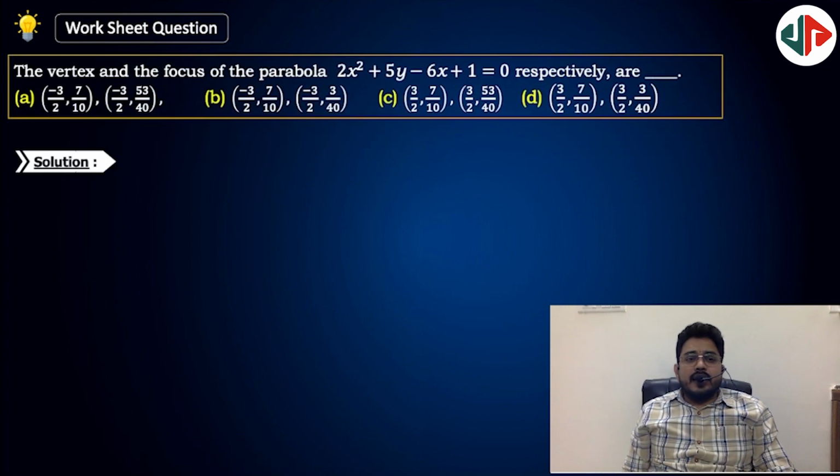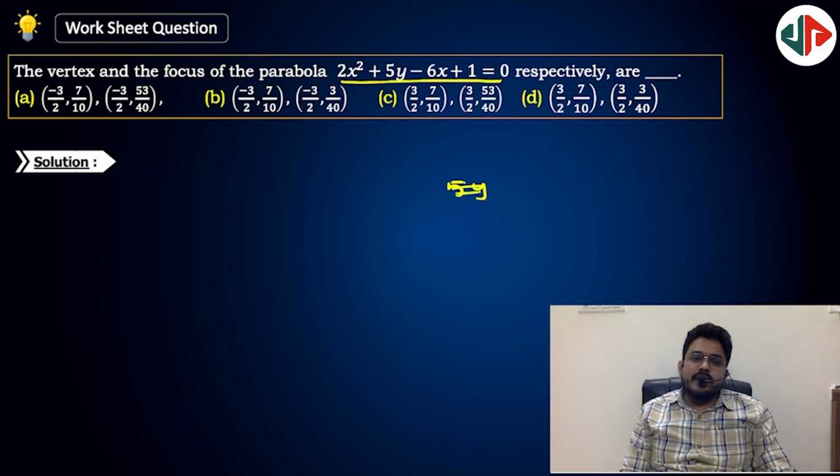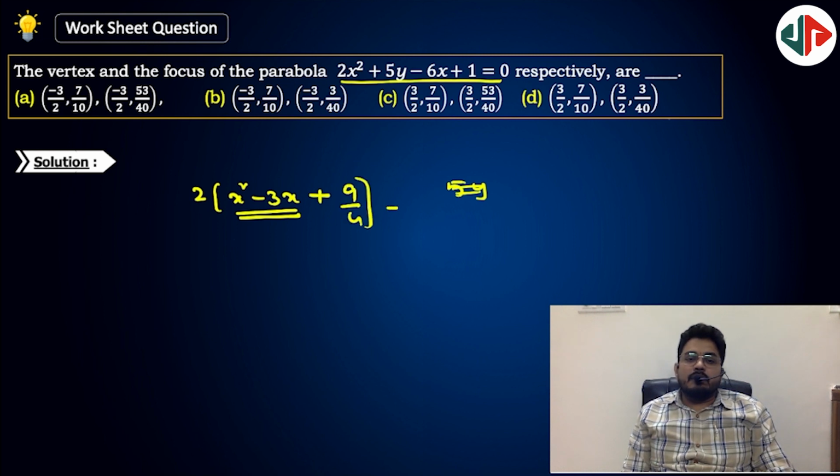The vertex and the focus of the parabola, respectively. So you look at this equation. So 5y, okay. What we will do is take 2 outside, x square minus 3x. To make it a perfect square, I need to write plus 9 by 4 plus 5y plus 1.